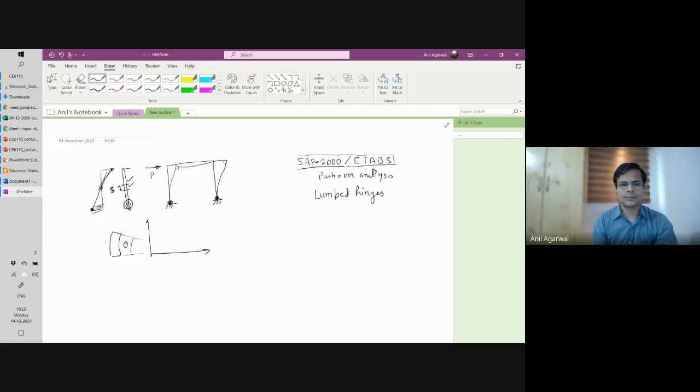This angle is theta. So if I plot this theta versus moment, if I increase the amount of moment, the theta increases. You agree? So for this part, you assume it to be linear forever. Okay. So this is everywhere else.